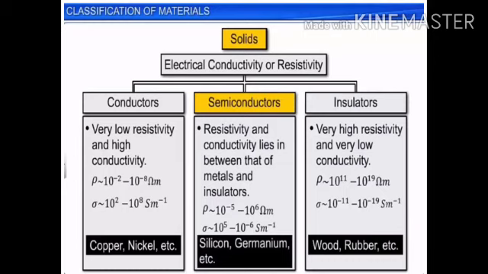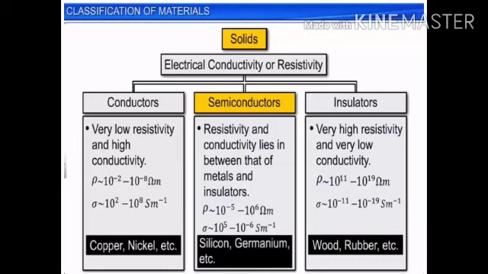That is, resistivity is very high, but the conductivity is 10 to the power of minus 11 to 10 to the power of minus 19 Siemens per meter. Some examples are wood and rubber, the best examples of insulators. Therefore, while dealing with electrical appliances, we use hand gloves. The hand gloves are made up of rubber because rubbers are bad conductors.